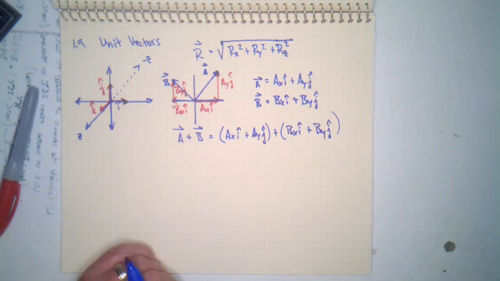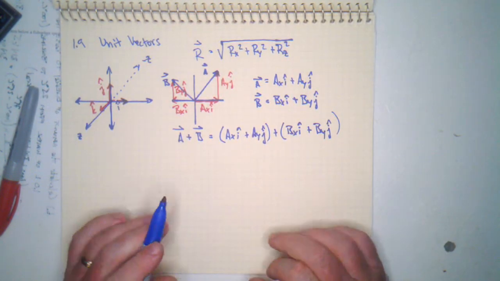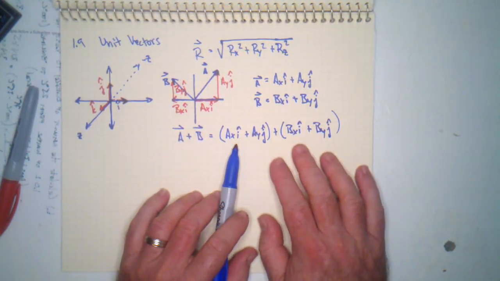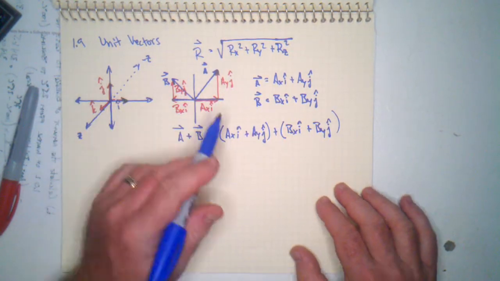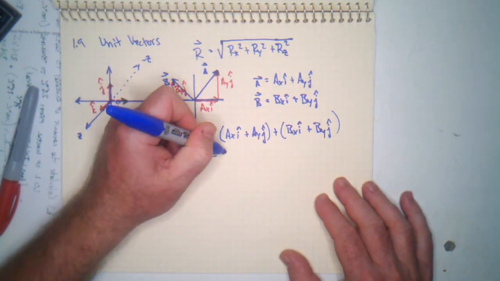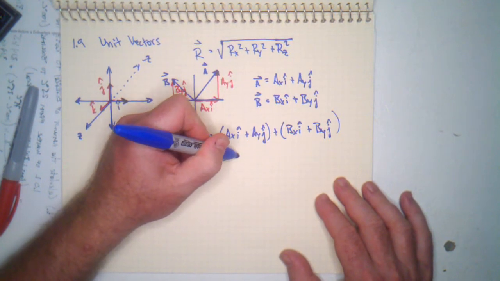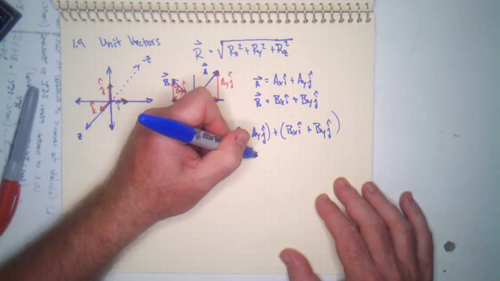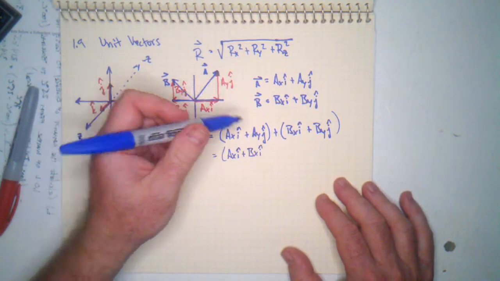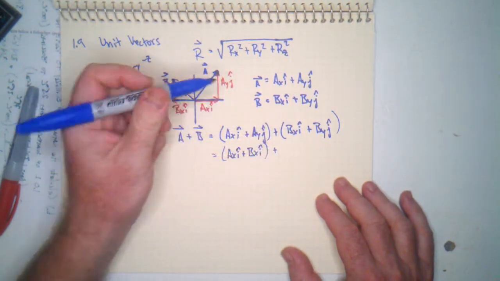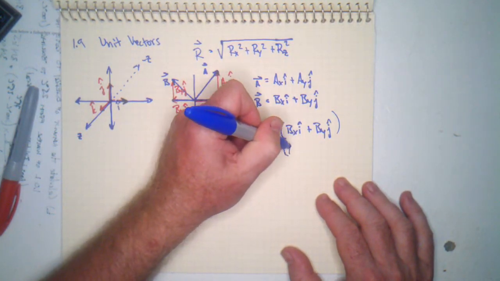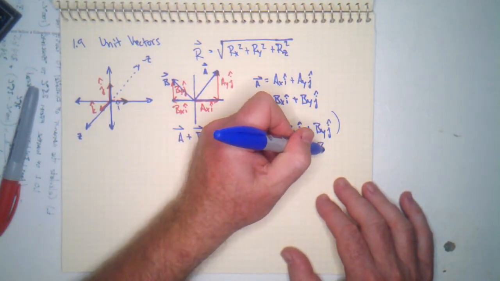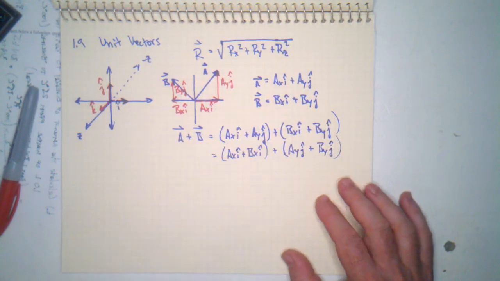Now this may seem kind of cumbersome, but this is where the magic happens. This is where the algebra kind of takes over. Because, you see, if we rearrange these terms, we can write it like this. Ax i hat plus Bx i hat plus Ay j hat plus By j hat.